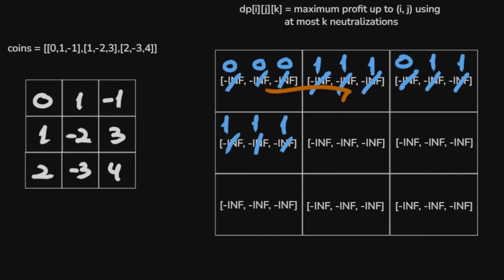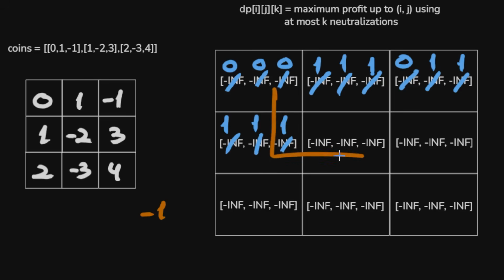Let's say that we come from above. We are using 0 neutralizations. So we can take the accumulated number when we were using 0 neutralizations also and add the current number. We need to take this because we are using 0 neutralizations. Minus 2 plus 1 is minus 1. So this is if we come from above.